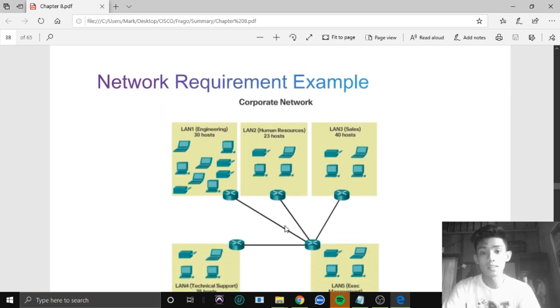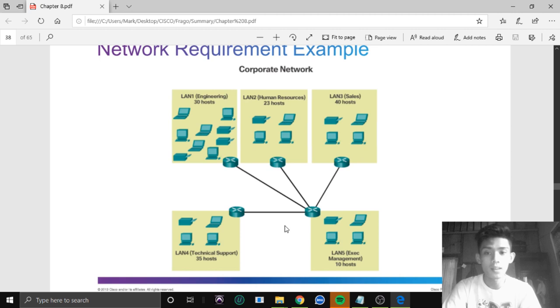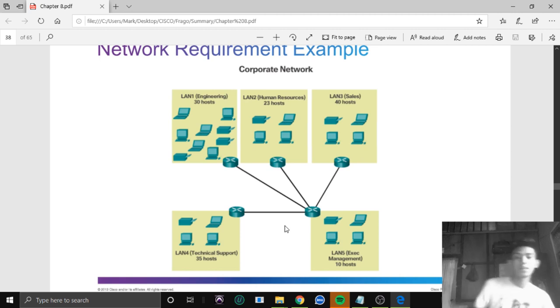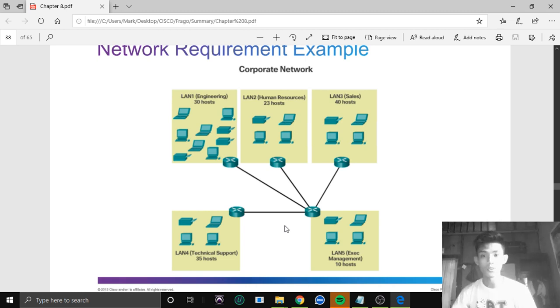Network requirement example. So we have the corporate network. LAN 1 is for engineering, 30 hosts. LAN 2 is for human resources, 23 hosts. LAN 3 is for sales, 40 hosts. LAN 4 is for technical support, 35 hosts.